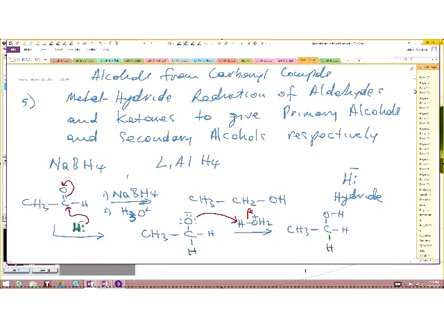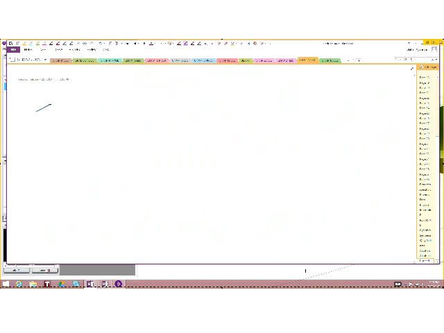Now the same thing happens with lithium aluminum hydride. Keep in mind, in the case where we take sodium borohydride followed by dilute acid, we form a secondary alcohol, because all we are doing is adding two hydrogen atoms across the carbon-oxygen bond.